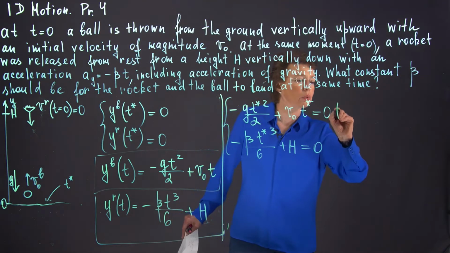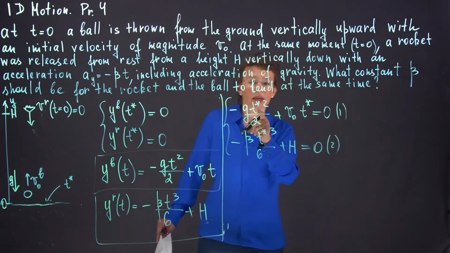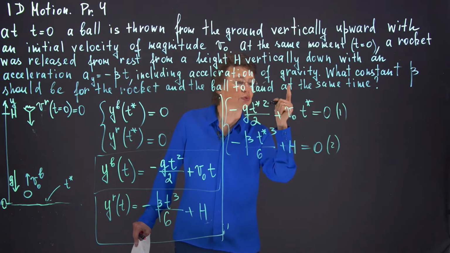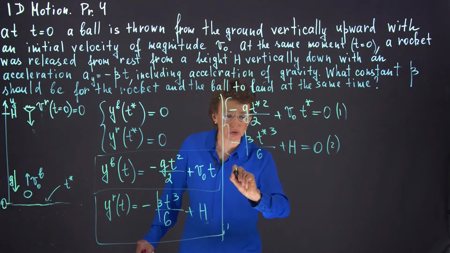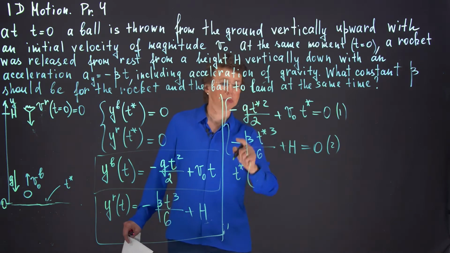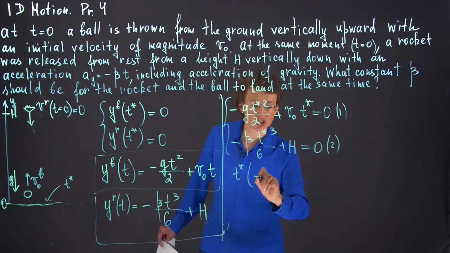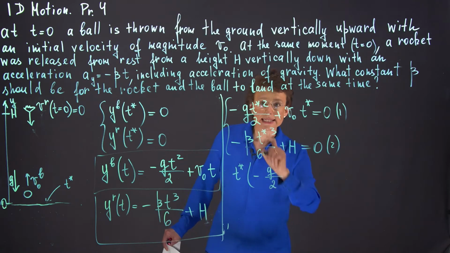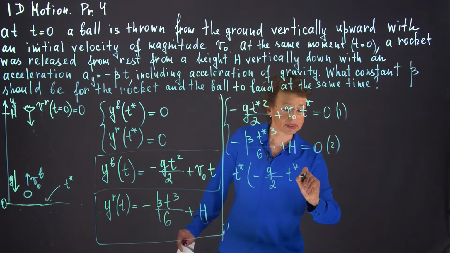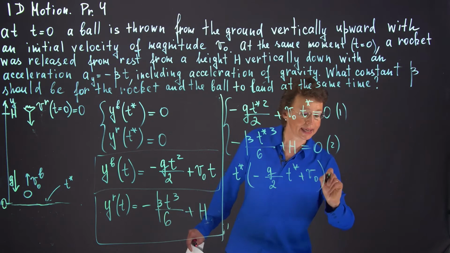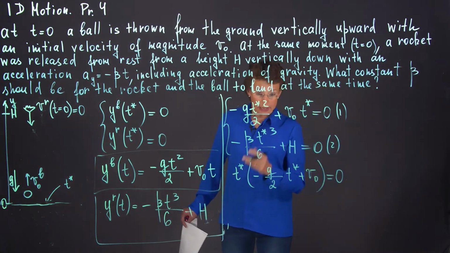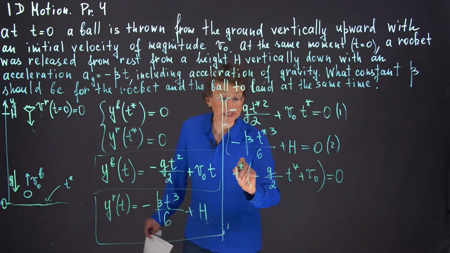I will use equation 1 first, and I will solve equation 1 for t star. Let's factor out t star. Then what do we have in parentheses? We have minus g over 2 t star plus v naught, and this is equal to 0. It has two roots. One root is t star 0.